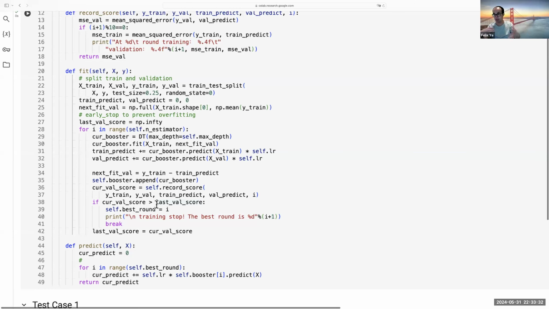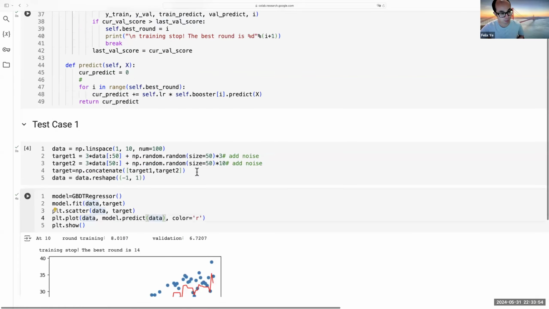We are not going to add more and more trees, because we know that adding more and more trees is likely to cause overfitting. So it is very important to split your training and validation data to ensure you will not overfit, and to apply this early stopping strategy here.